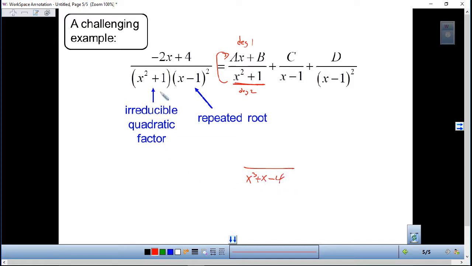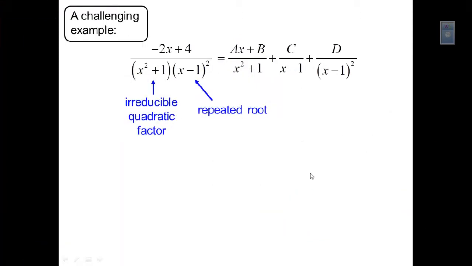Well, if that's one of my factors of the starting problem, then I'm going to have an ax squared plus bx plus c, and I'm going to have to solve for all those. Now, you're never going to see one of those, but I just want you to know that your top polynomial has to be one degree less than what's on the bottom. Since this is a squared, we had to have the ax plus b. We had to have a linear up there. All right, so let's look at this solution, but like I said, don't write this solution down because it is nasty.